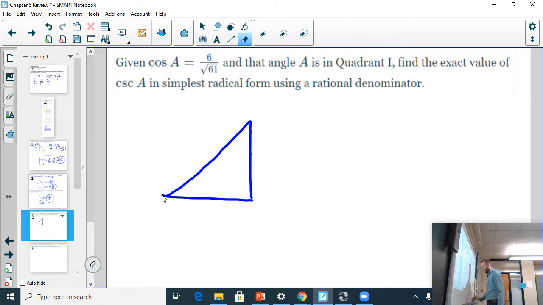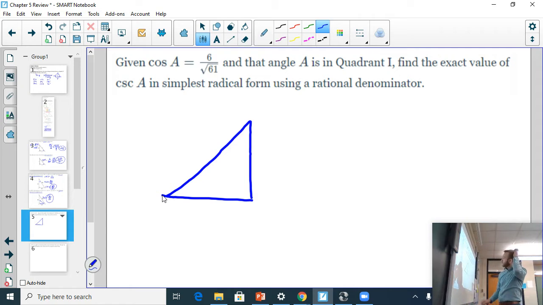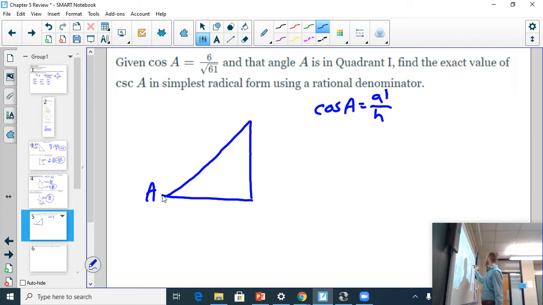So with that said, the cosine of A is adjacent over hypotenuse. So adjacent to A is going to be 6, and the hypotenuse is going to be the square root of 61.